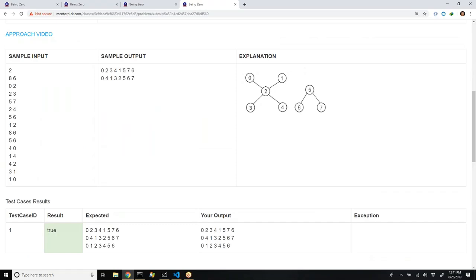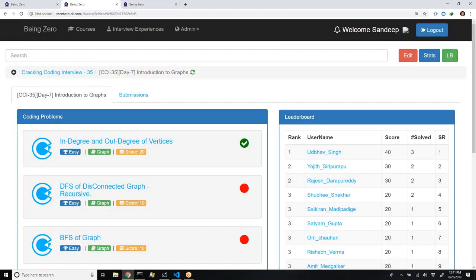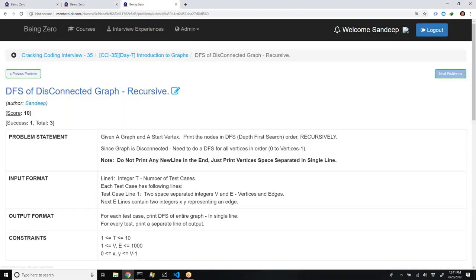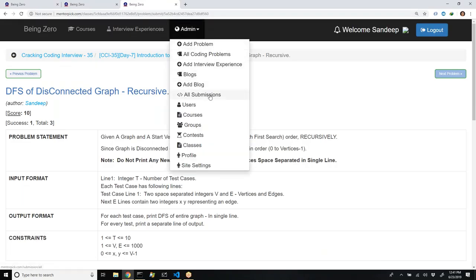Okay, anybody, any questions in DFS, depth first search? Yes, Sandeep. If we want to do it using iteration, is it possible instead of recursion? Yeah, if you want to do it using iteration, you will have to use stack there, because when you are going somewhere, you need a way to come back.